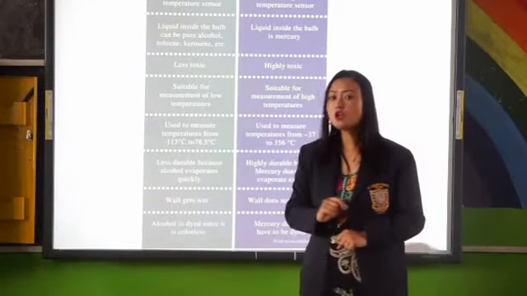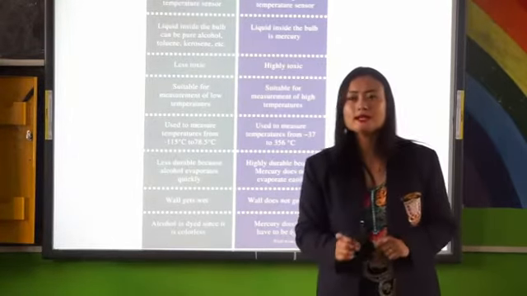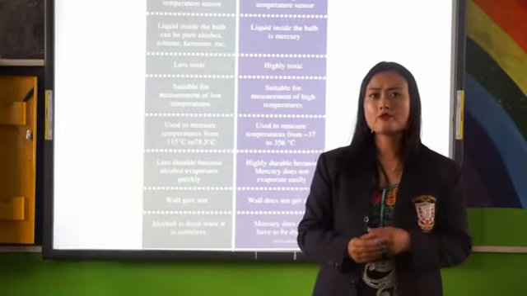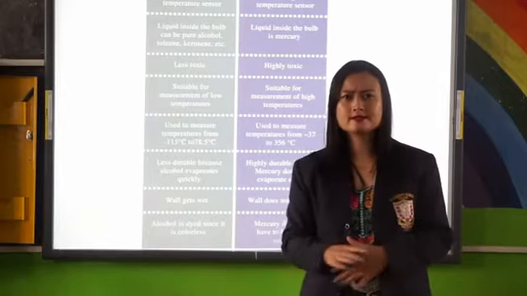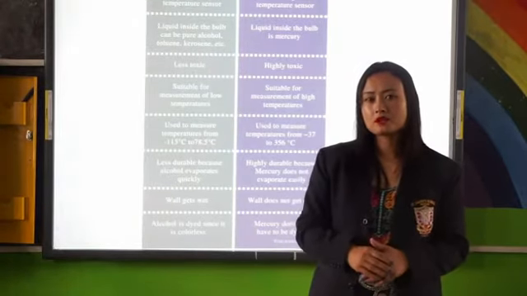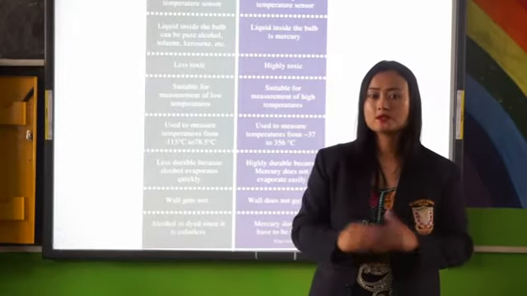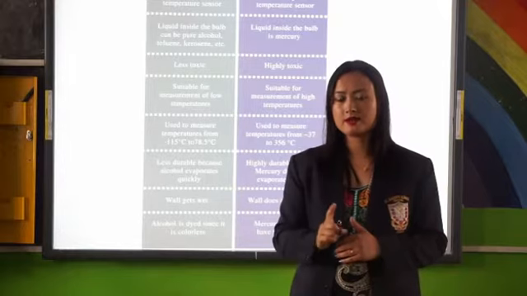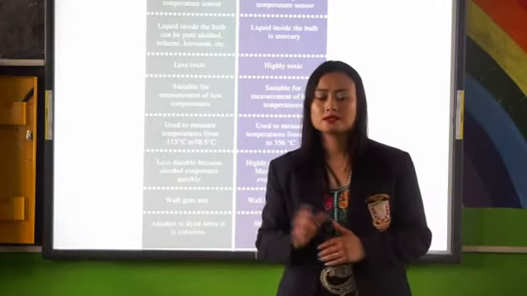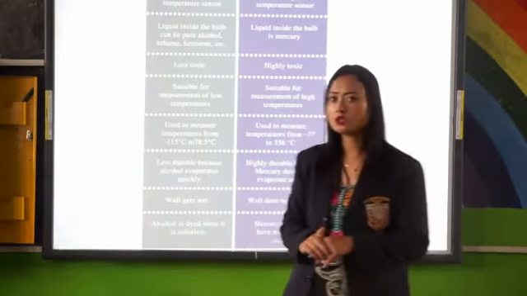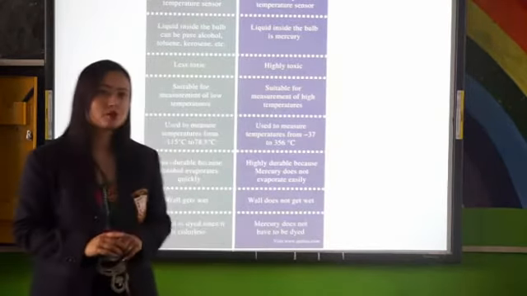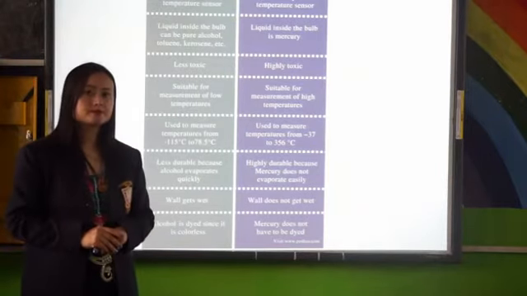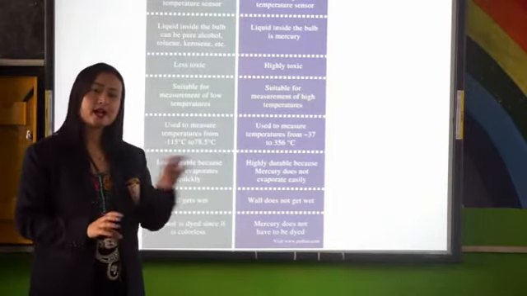Alcohol thermometers are used only in regions where the temperature is very low, where the temperature might fall below -50°C. Why? In places where the temperature is very low, we use an alcohol thermometer instead of a mercury thermometer, because the freezing point of alcohol is very low compared to mercury, whereas mercury freezes at a higher temperature.